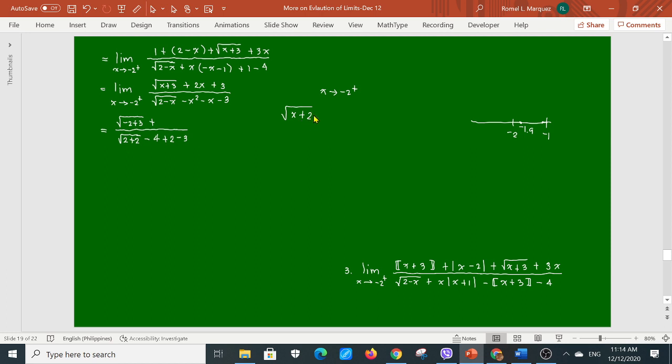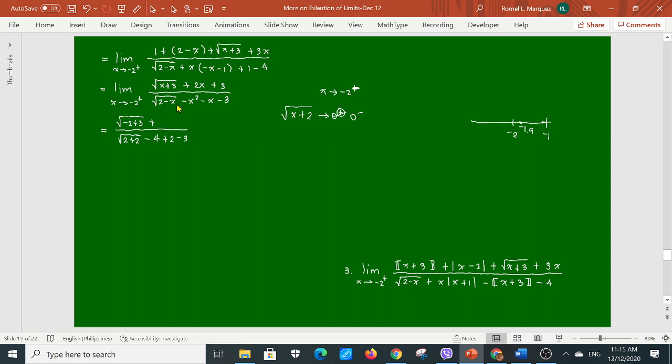Negative 1.9 plus 2, this is approaching 0, but from the right. So it's all right. But when approaching negative 2 from the left, the left is negative 2.1. Negative 2.1 plus 2, this is approaching 0 but from negative values this time. So, square root of negative does not exist. It's not a real number. Therefore, you cannot apply direct substitution if that is the case.